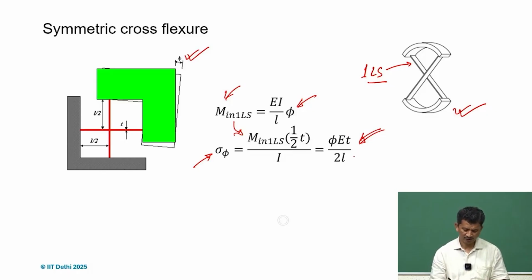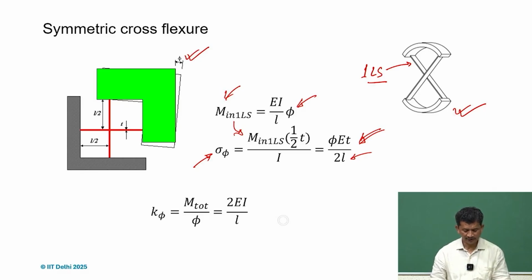If L is large, since L is in the denominator, the stress value will be reduced. So if you want good compliance and a large range of motion, it's better to have a smaller thickness and a large length. That is the reason that if we fix at the center, the effective length reduces to L by 2, and then phi will be very small.